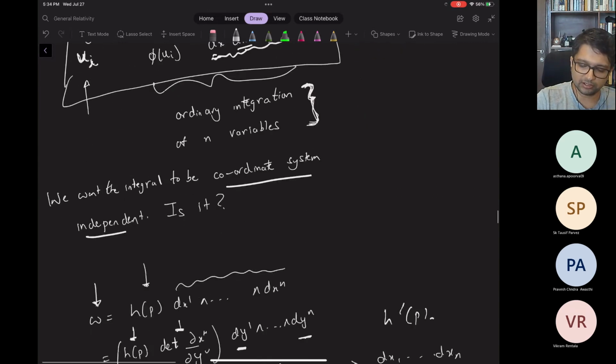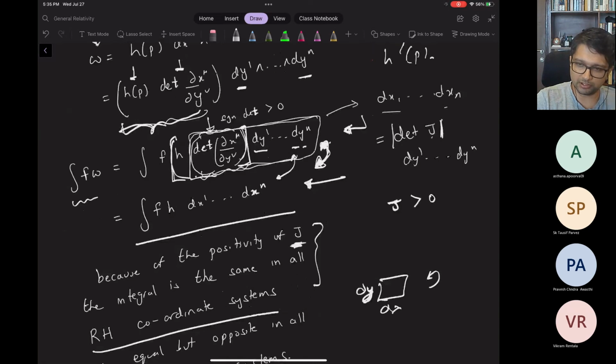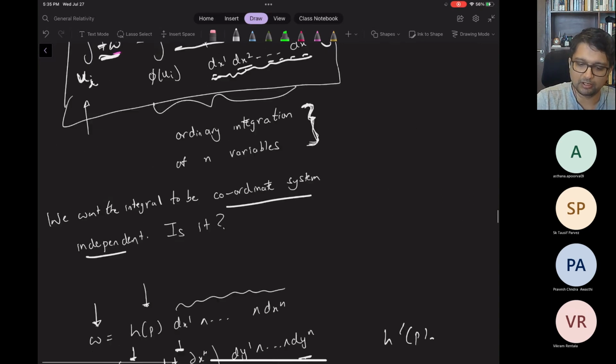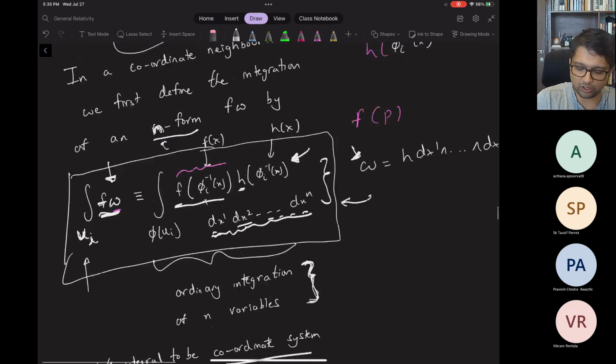What we have shown is that no matter which coordinate system you choose, if I'd chosen the y coordinate system, I would have gotten this integration. If I'd chosen the x coordinate system, I would have gotten this integration. As long as these two coordinate systems have the same orientation, the result of this integration would be the same. Therefore, this definition, although it appears to be specific to a particular coordinate system, is actually coordinate system independent.